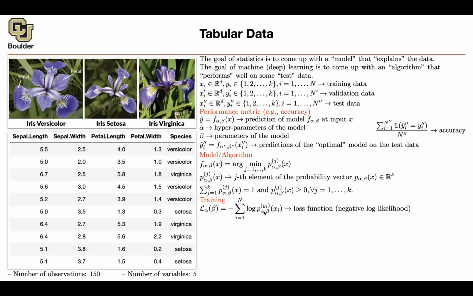Once you take a log of a number that you're trying to maximize, it's the same thing. Log is an increasing function, so it's not going to change anything. You're still maximizing that probability. In machine learning, it's a convention that we usually like to minimize, so you multiply by a negative sign. If you minimize this loss function, you're maximizing your probabilities.